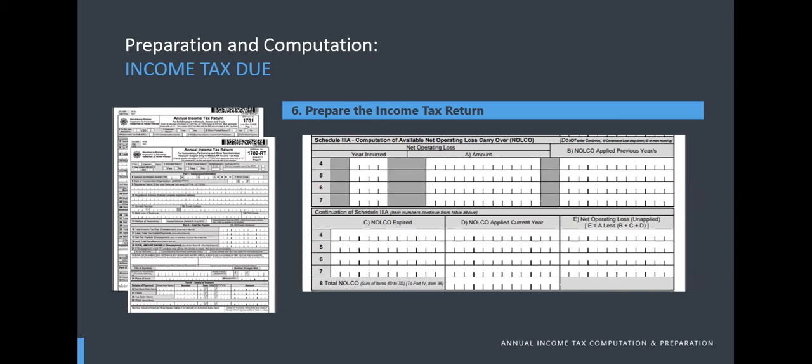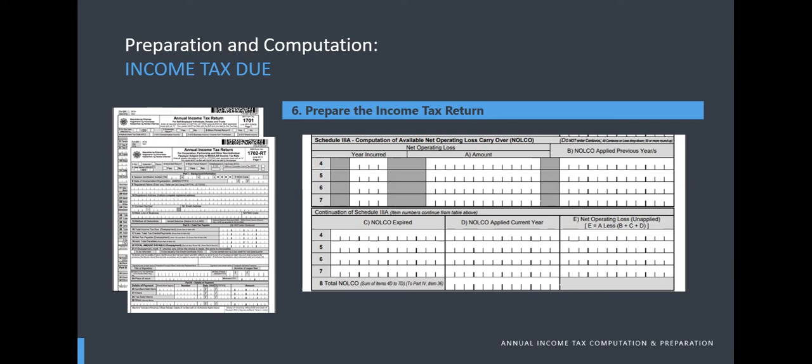This schedule applies to the net operating loss carryover. As discussed previously, this is a requirement of the BIR. Although in the eBIR forms platform, you will not be able to validate the income tax return without completing the details under Schedule 3A.